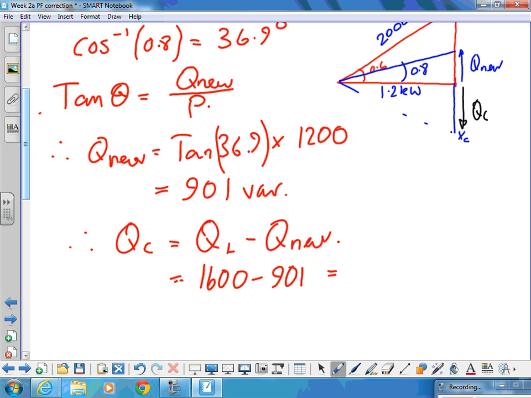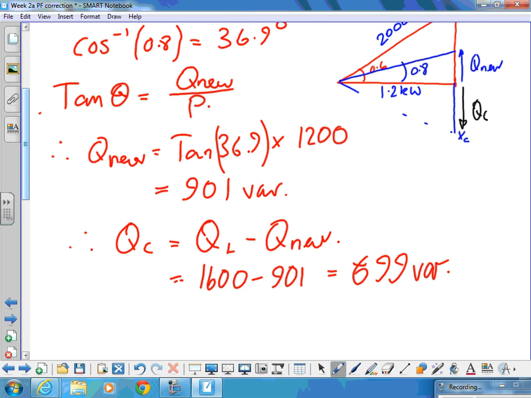What did that come out at? 699 var. So our capacitor has got to provide the source with 699 var of reactive power.